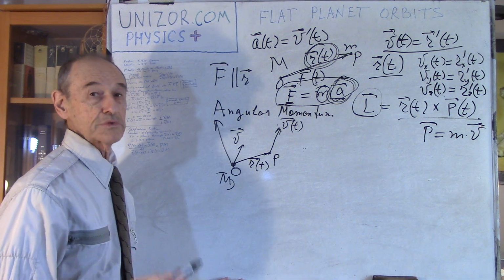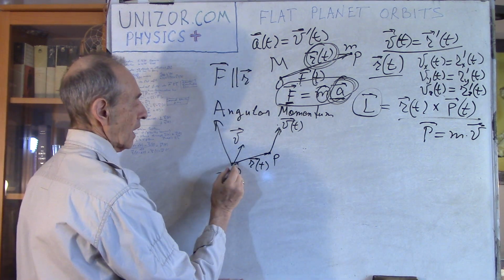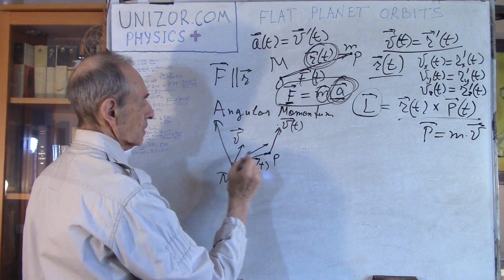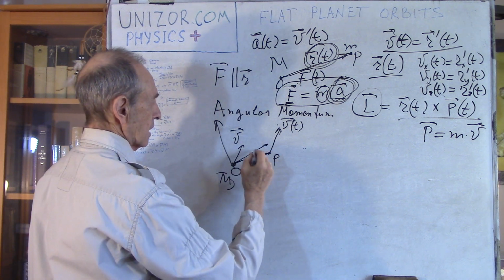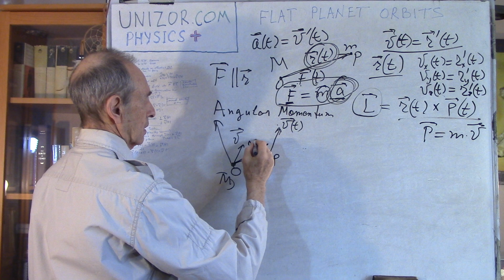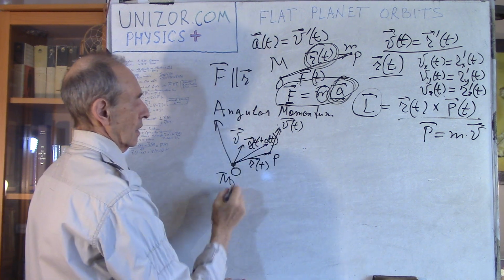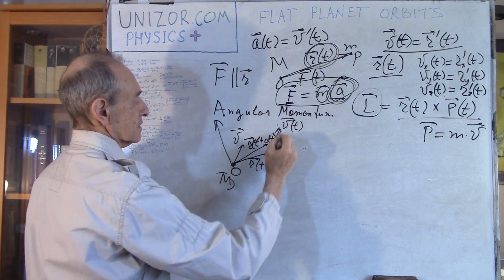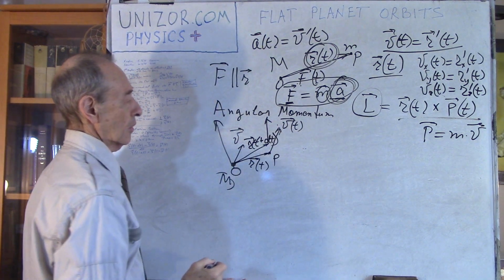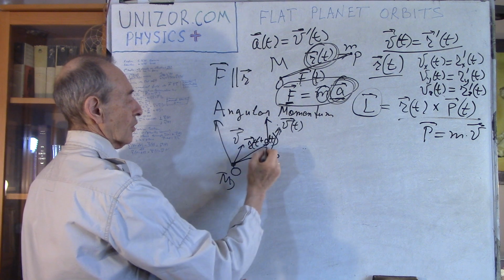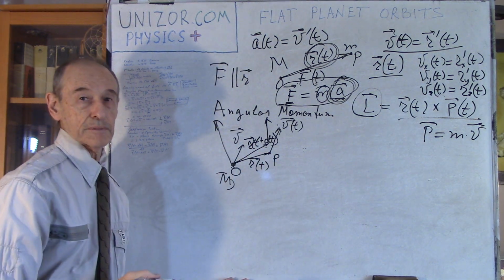It does not move in space. So no matter where our P is moving to, let's say, r of t plus dt. So r is moving, and the velocity is also changing somehow, but their vector product is always the same thing.